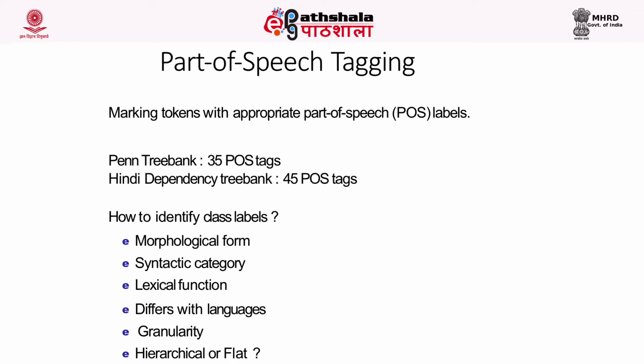One also looks at lexical function, and therefore there are different kinds of information that one uses. These linguistic aspects may differ from one language to another, and therefore the labels that languages choose may be different. Hence 45 part of speech tags for Hindi and 35 for English.